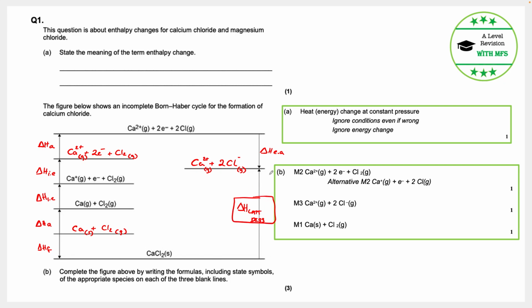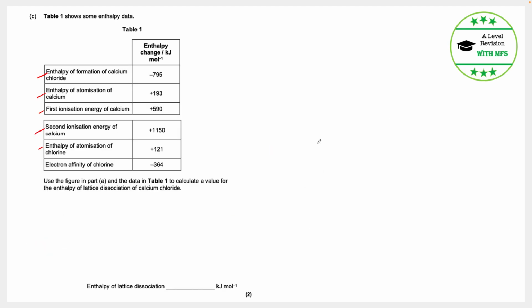Now, in order to work this out, we need to go this way around the Hess cycle and then go down. So this arrow will reverse, and the enthalpy change of formation will be negated.